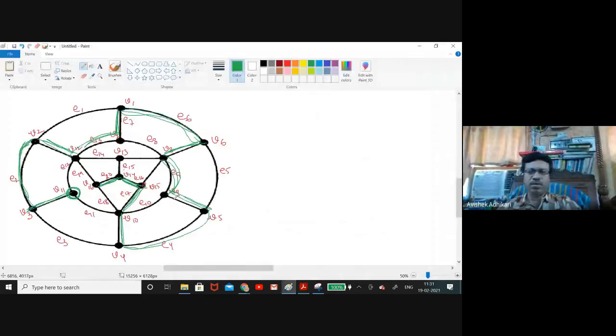I hope you remember complete graph. Complete graph means suppose you have 4 or 5 vertices. You need to construct a graph such that if you take any two vertices, then there must be an edge between these two vertices. That graph is known as complete graph. That means if you consider all the vertices, then all the vertices will be connected like this.